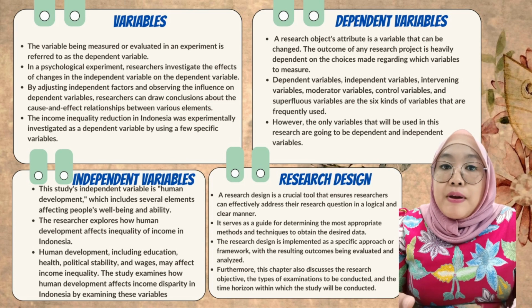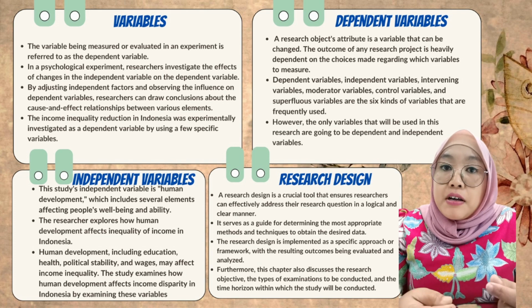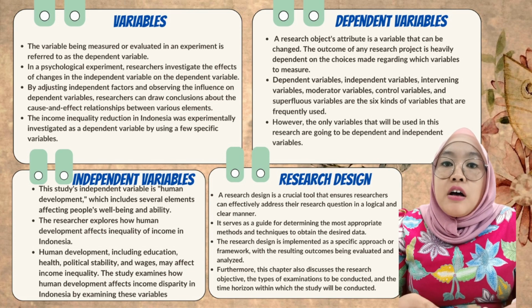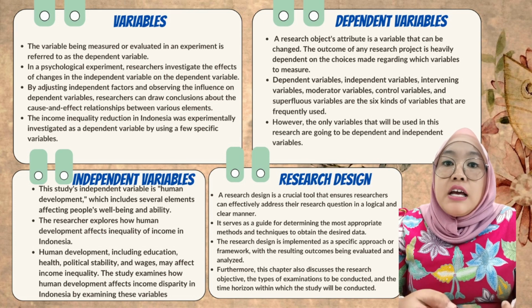Okay, now we look at the independent variable. This study's independent variable is human development, which includes several elements affecting people's well-being and ability. The researcher explores how human development affects the equality of income in Indonesia. Human development, including education, health, political stability, and wages, may affect income inequality.